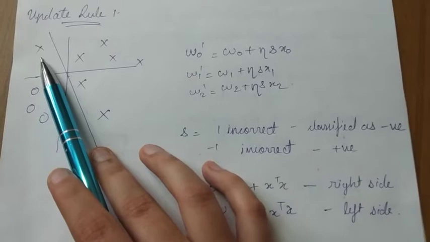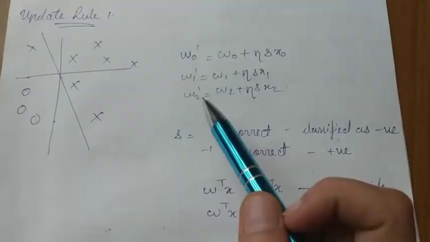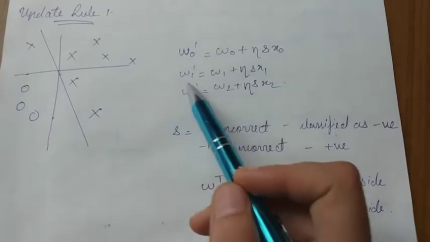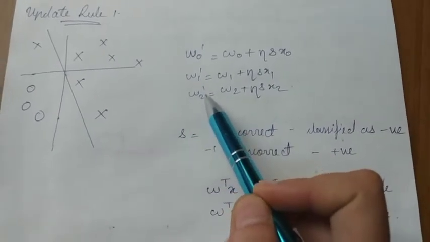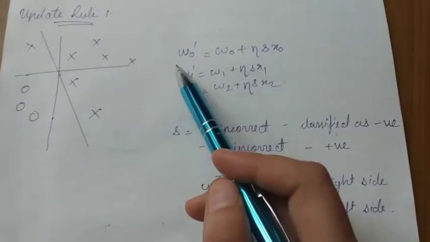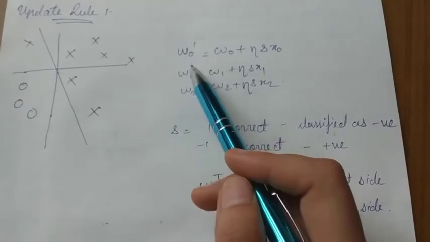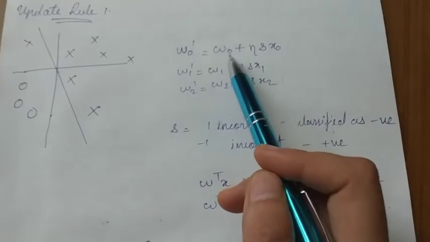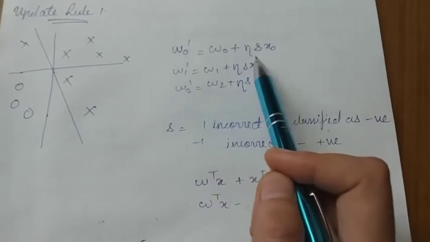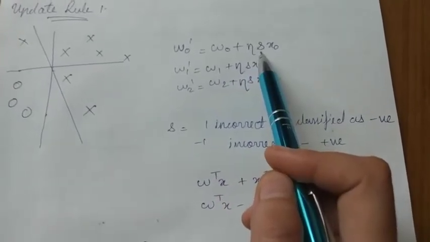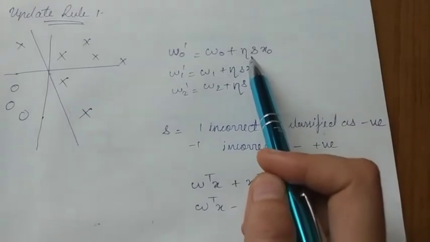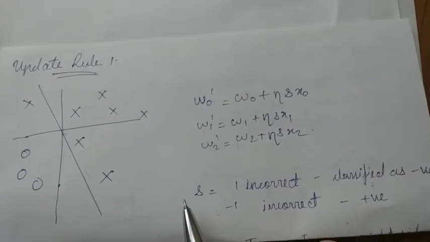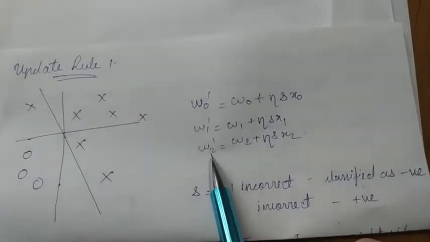In the update rule, it will find new values omega 0 dash, omega 1 dash and omega 2 dash for a new classification. This new omega 0 dash is obtained from omega 0, the old one, plus eta, the learning rate, into S, the target output, and X is our input. Similarly for the other two.